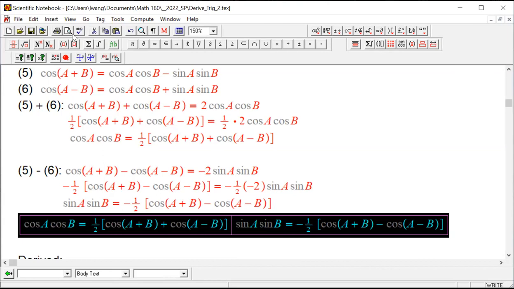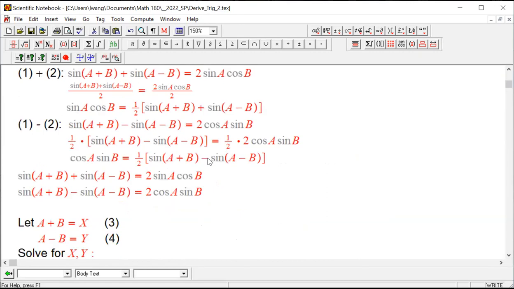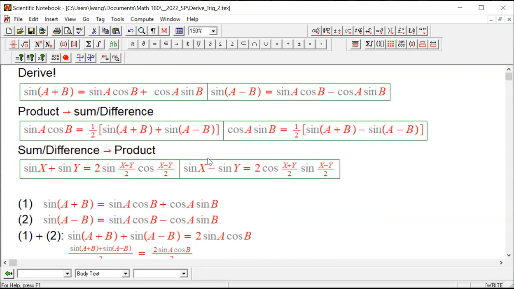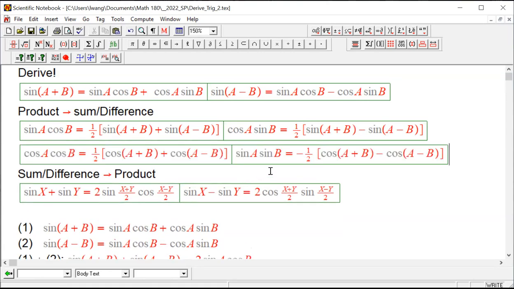So we bring this piece to our sum. This is product to sum difference. Okay, so we have 2 more to work out.